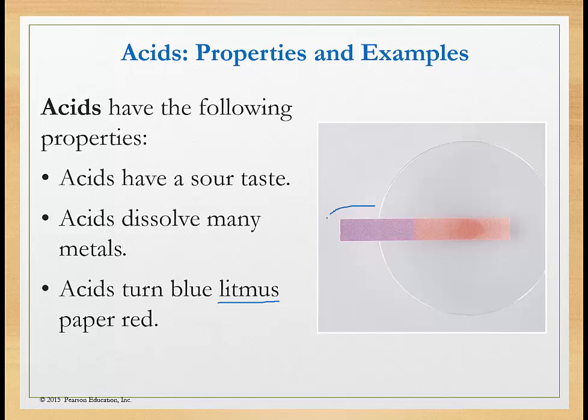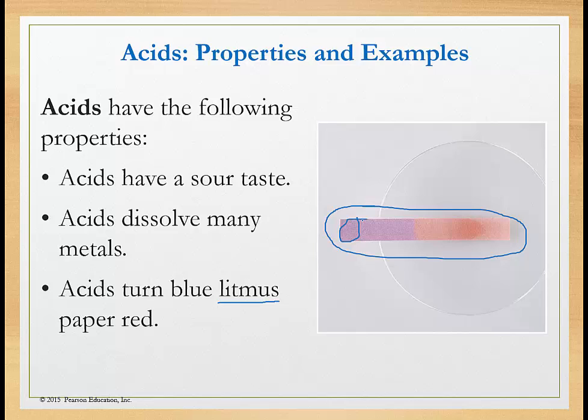So what you're seeing here in the picture is a piece of something called litmus paper. And this end right down here is what this piece of paper looked like originally. Now, what's going on here, it's just regular filter paper, but it's been saturated in a litmus solution, and that solution has been adjusted for pH. So in this case, the litmus paper is essentially supposed to be neutral.